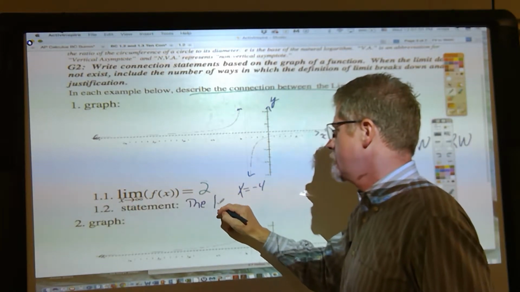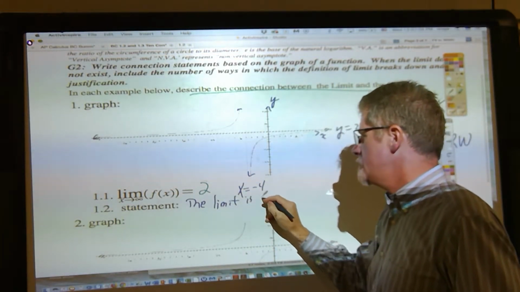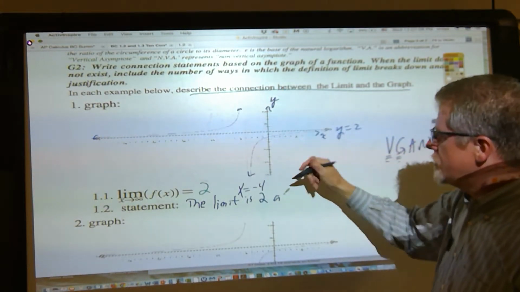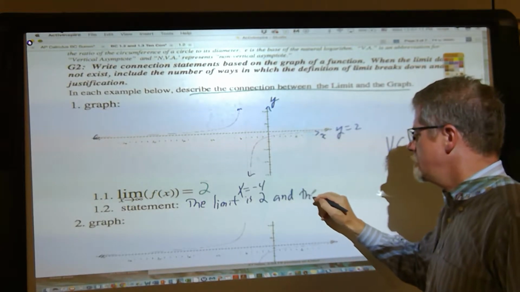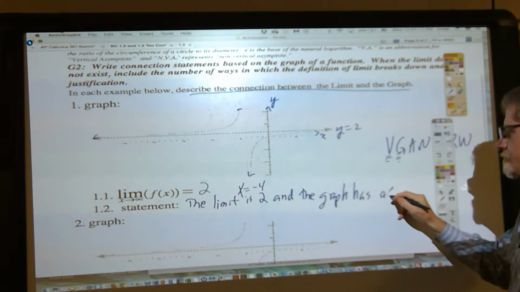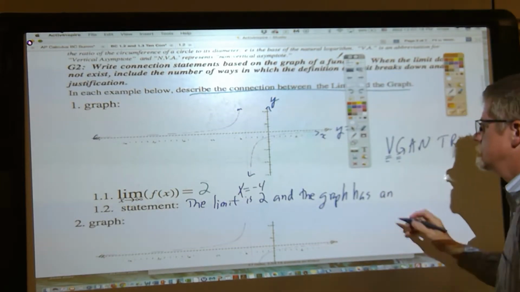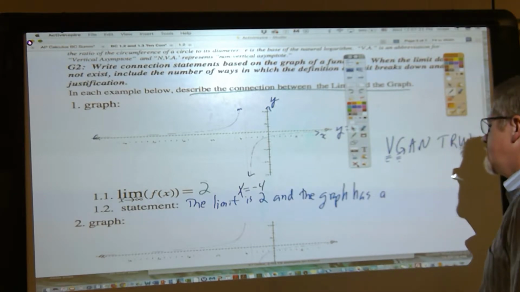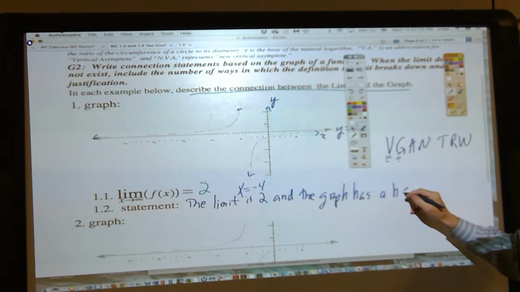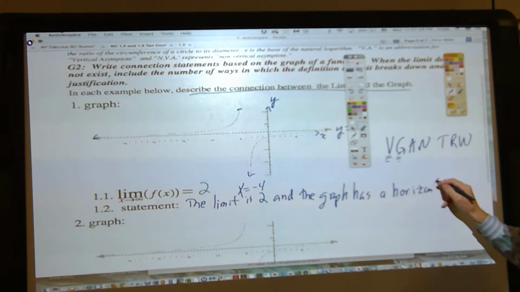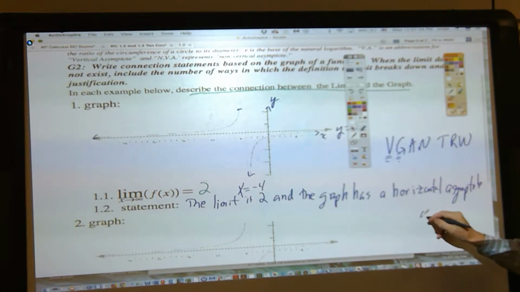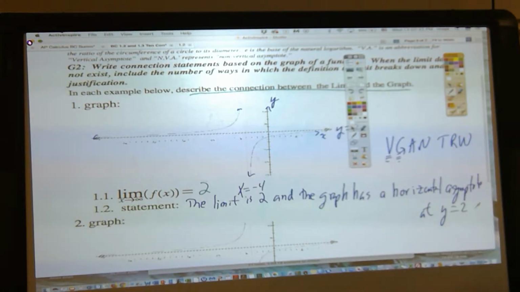It's got to be a sentence. The limit is 2, and the graph has either a non-vertical asymptote or a horizontal asymptote at y equals 2.